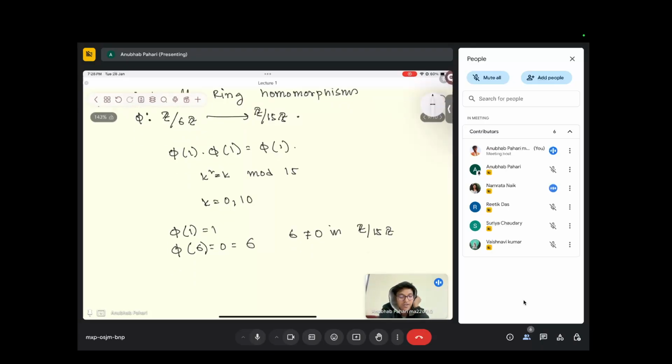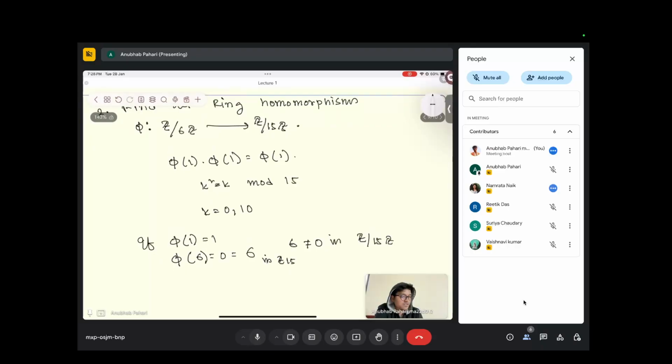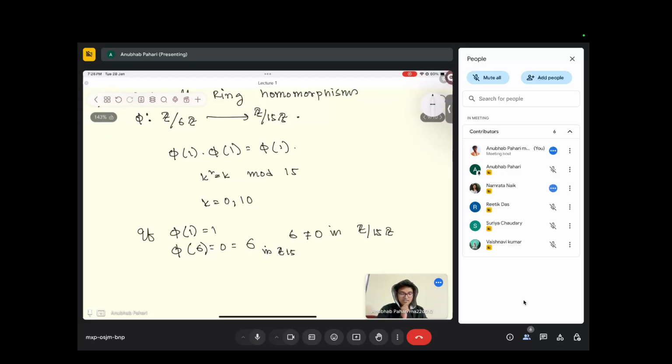So phi of 1 cannot go to 1. But how did you get that? Okay, 0 is the same as 6. Oh, that is in Z6, right? Yeah. So now I think all the doubts are clear, right? Yeah. So okay, thank you, Namrata.